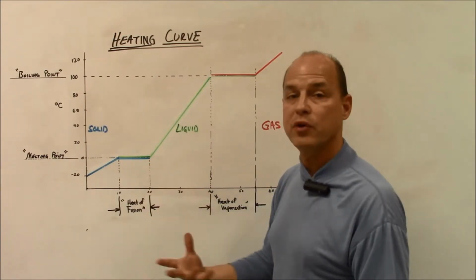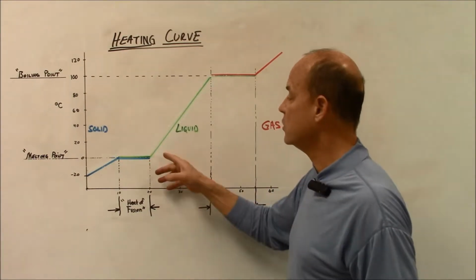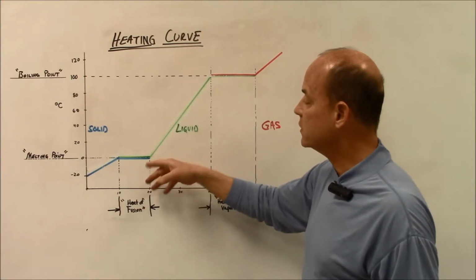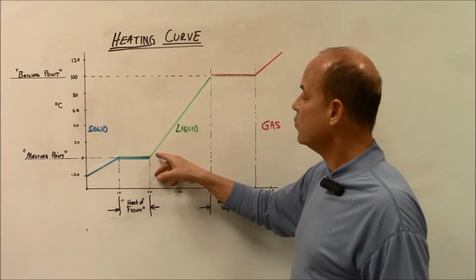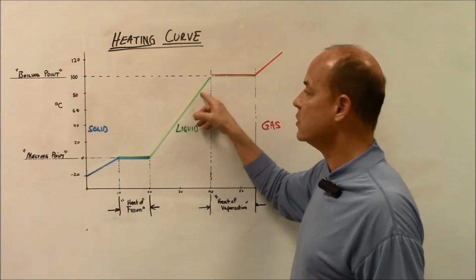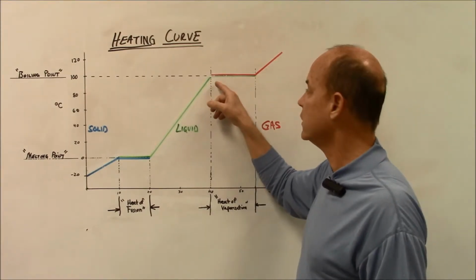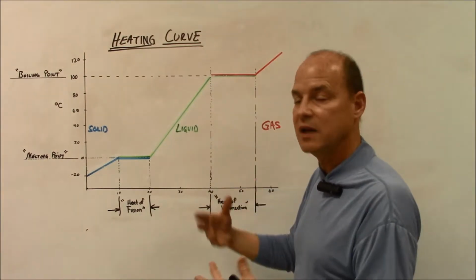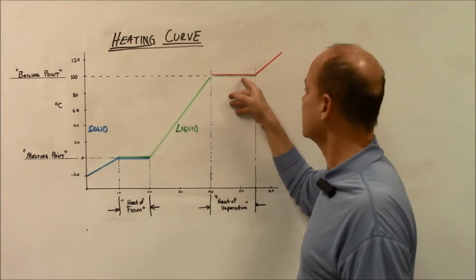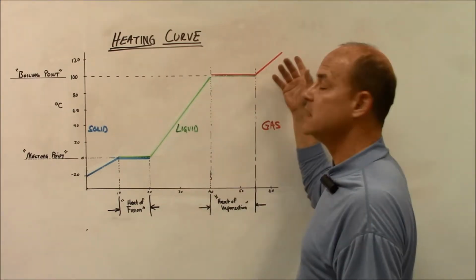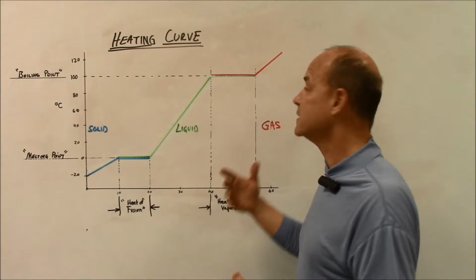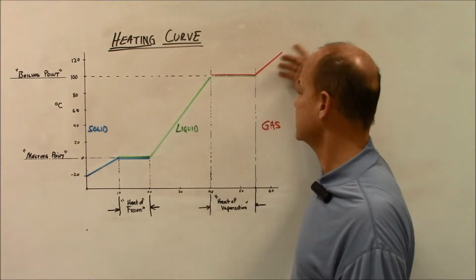And then if we kept putting heat into the substance, it would rise in temperature until it started to boil. And at that point, we would see some steam or some vapor come off the water until the water was all gone. It was steam, and if we kept on heating that steam, it would get hotter and hotter and hotter.